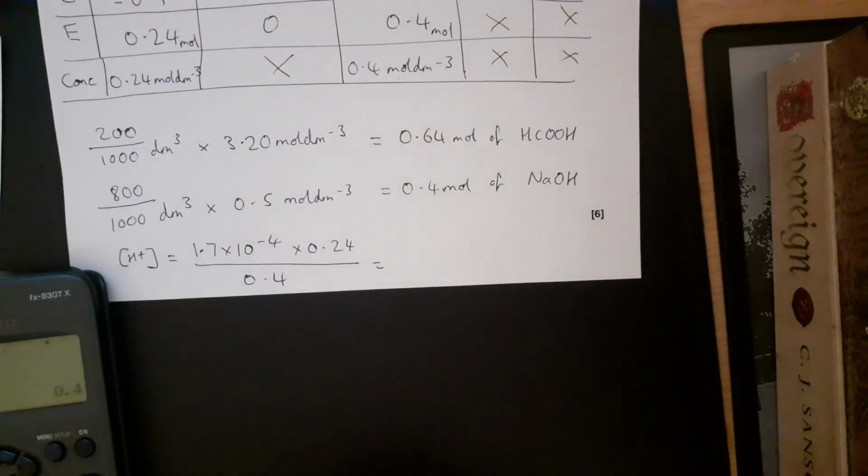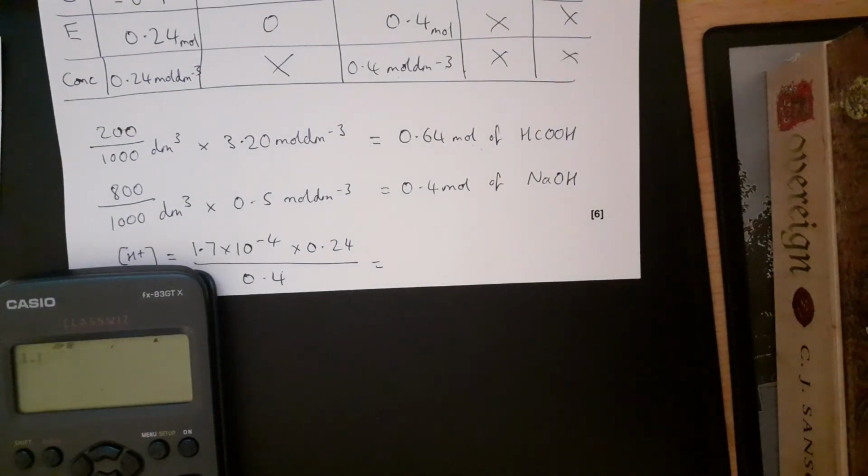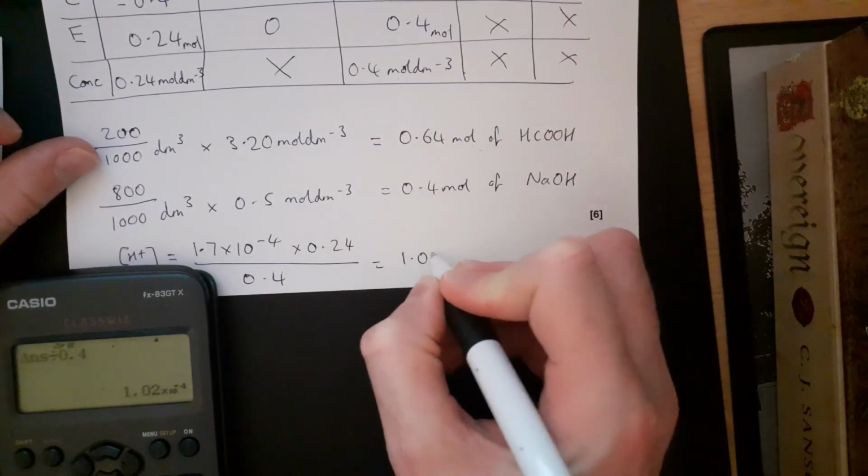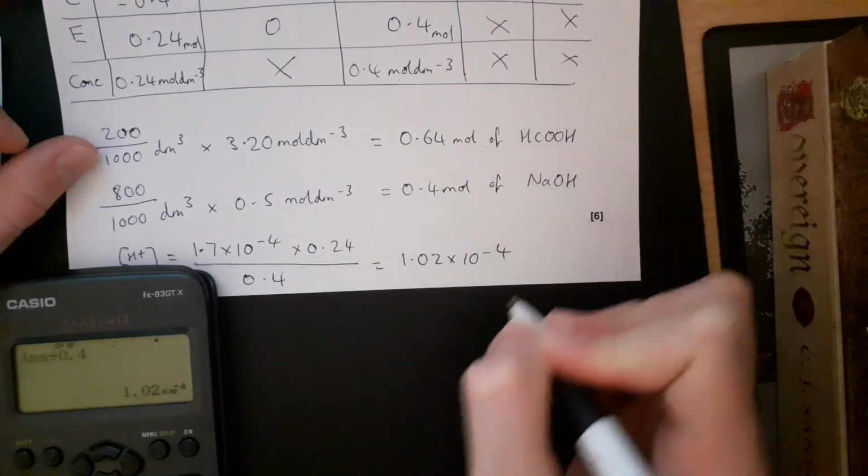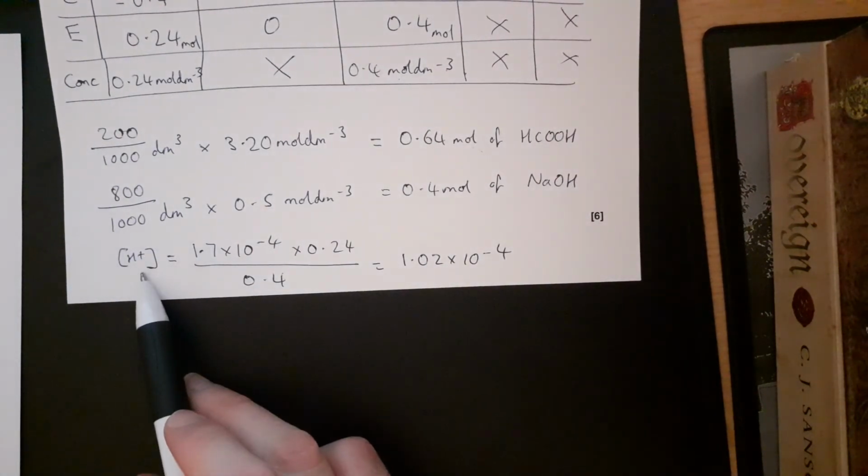So let's calculate that one. 1.7 times 10 to the minus 4 times 0.24 divided by 0.4. And we get 1.02 times 10 to the minus 4. That's our H plus concentration.